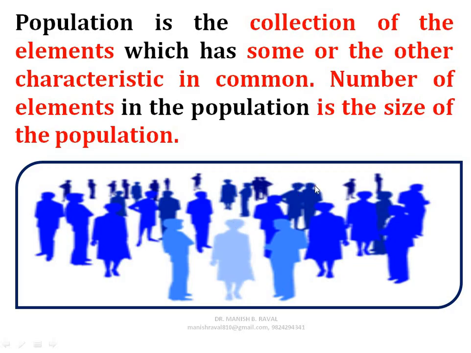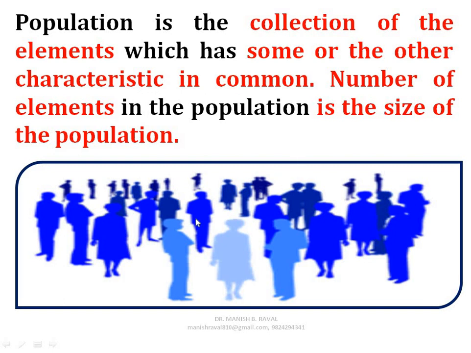So all those graduates of the commerce field are considered as the total population. They have a common characteristic. What is the common characteristic? All of them are graduates in commerce, and we want to analyze their attitude towards the competitive examination.